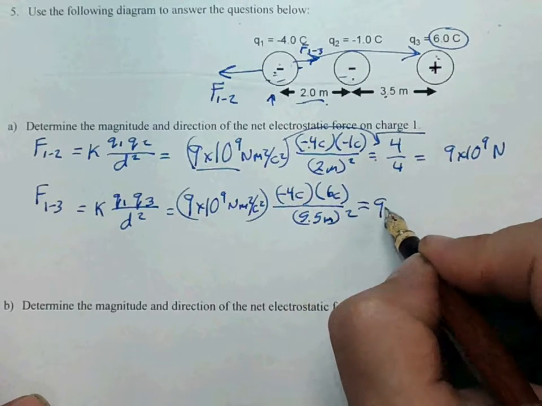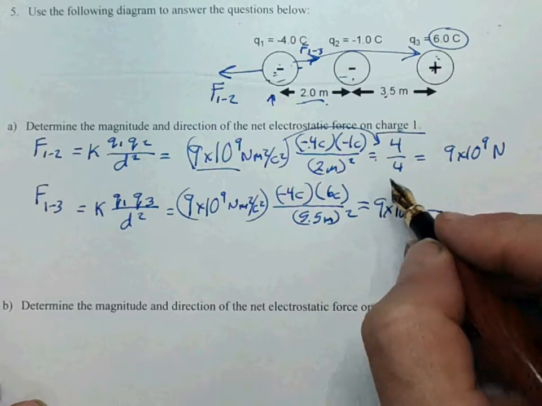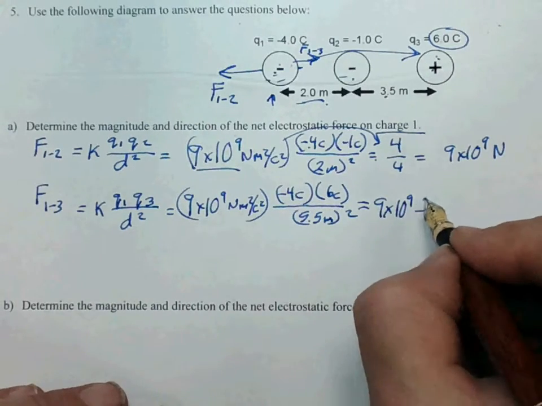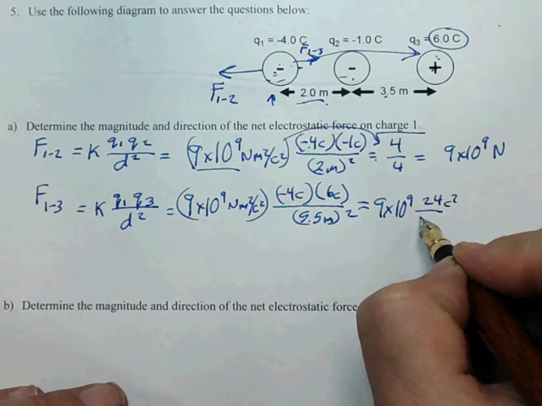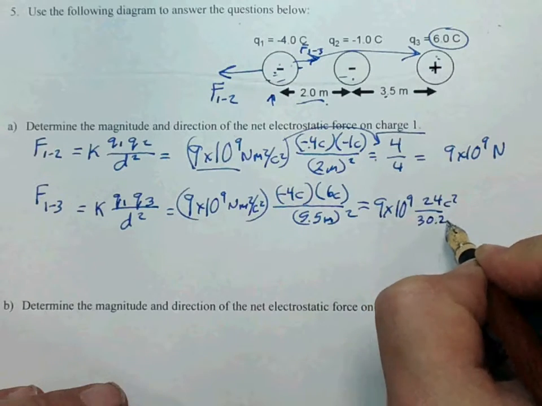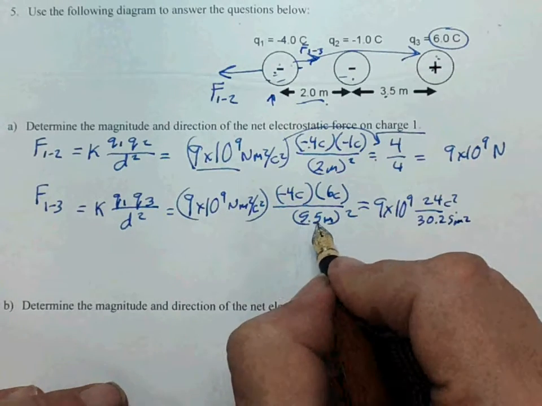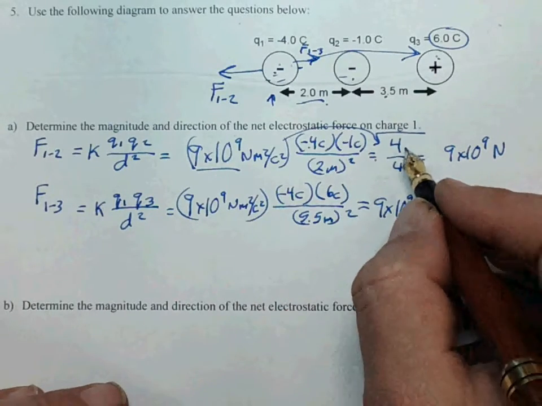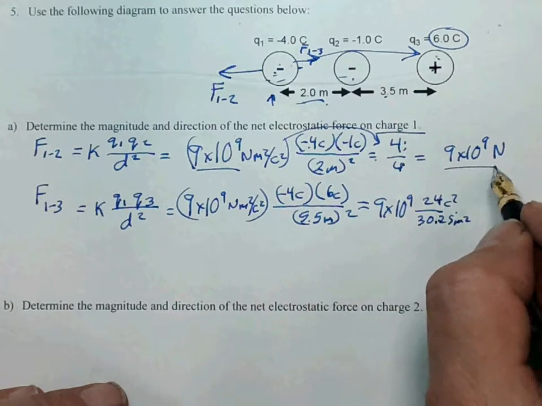We can see the 9 times 10 to the 9th is being multiplied by a number that is equal to 24 coulombs squared over 30.25 meters squared. This is 5.5 meters squared. This number is less than 1. Up here the number is greater than 1. So this force is going to be greater than this force.